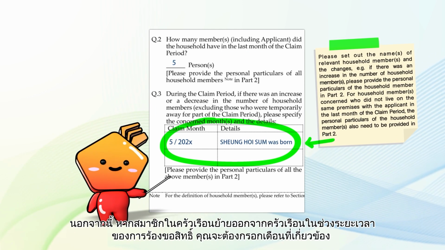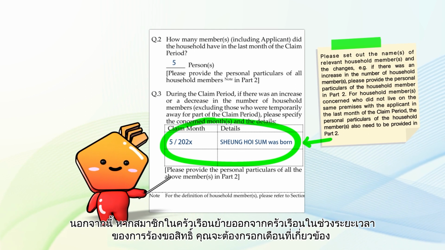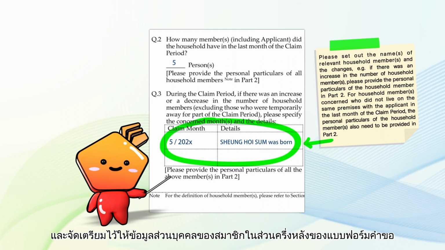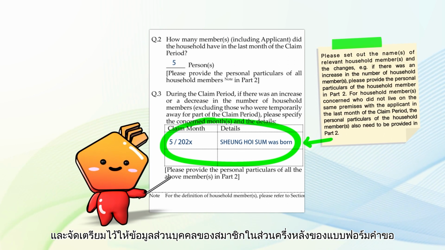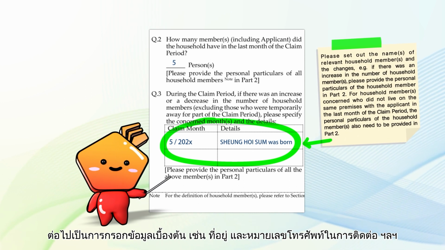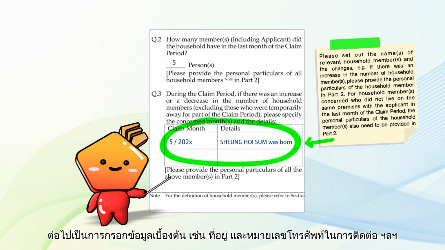In addition, if a household member moved out from the household during the claim period, you need to fill in the concerned month and details in this part, and provide the member's personal particulars in the latter part of the application form.